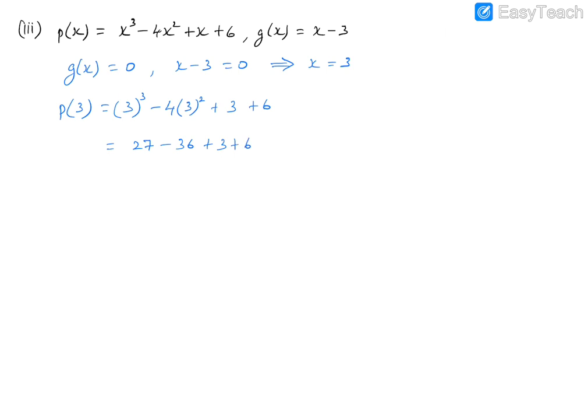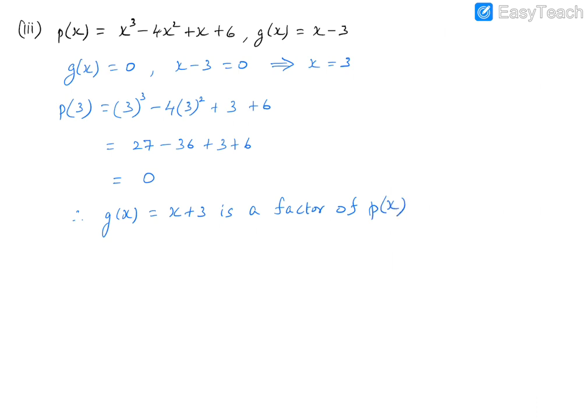Okay, so 3 plus 6 is 9, and 9 plus 27 is 36, and 36 minus 36 is 0. So therefore we can say that because p of 3 is equal to 0, g of x equals x minus 3 is a factor of this particular p of x.